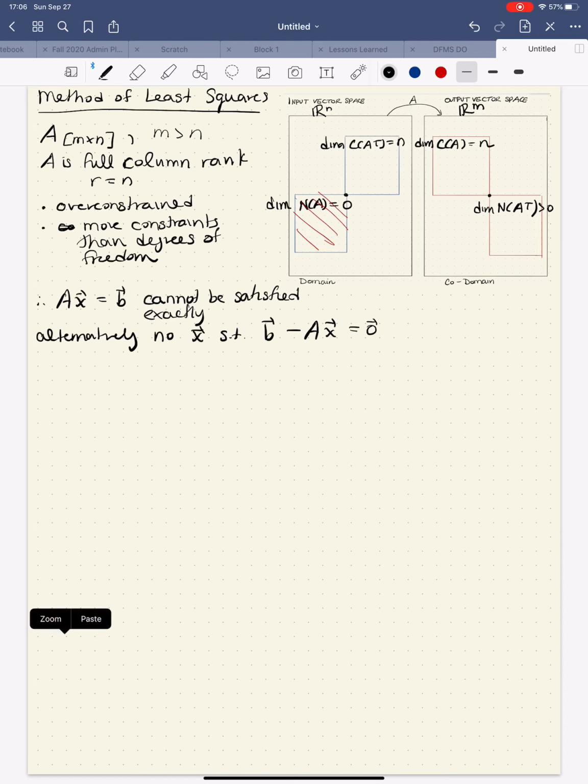So what we're looking for, instead of forcing b minus Ax to be 0, what if we relaxed the rules a little bit and said that we are just looking for b minus Ax to be as small as possible, as close to 0 as we can? So what we're looking for is actually the magnitude. So we seek an x such that the magnitude of b minus Ax is as small as possible. Or we're trying to minimize b minus Ax.